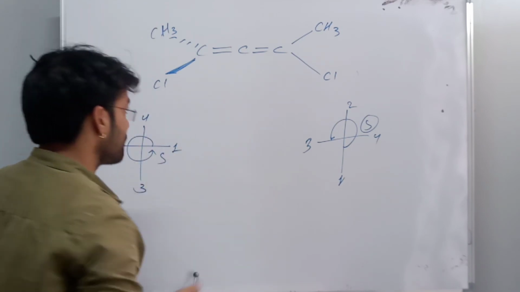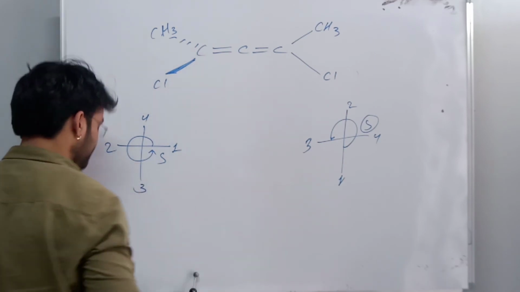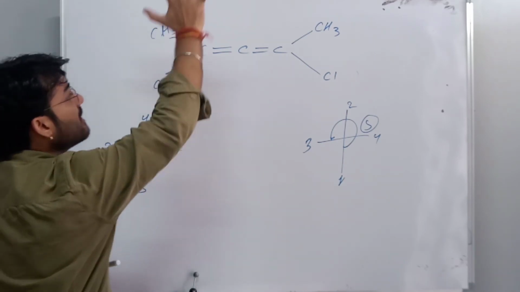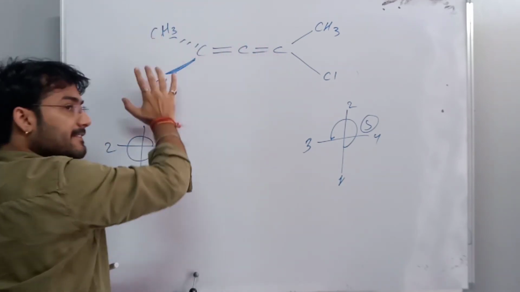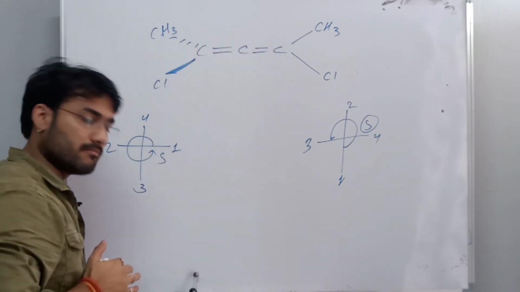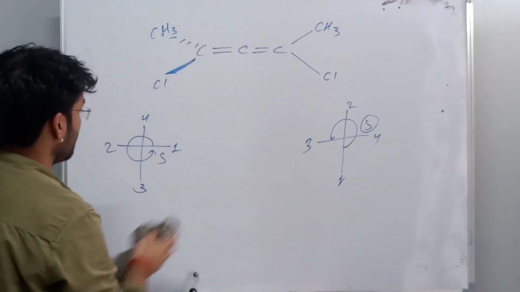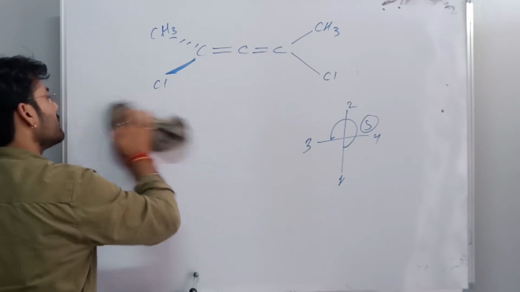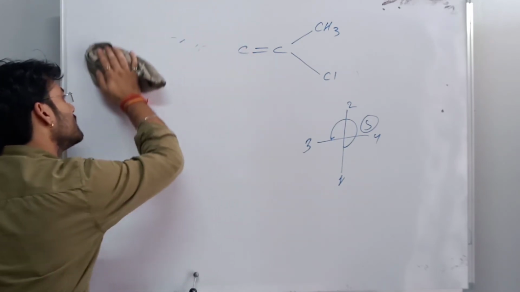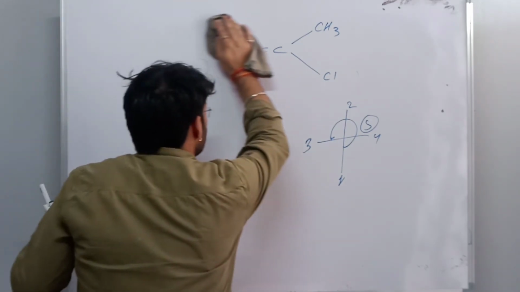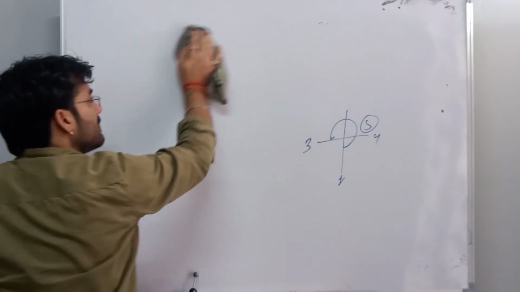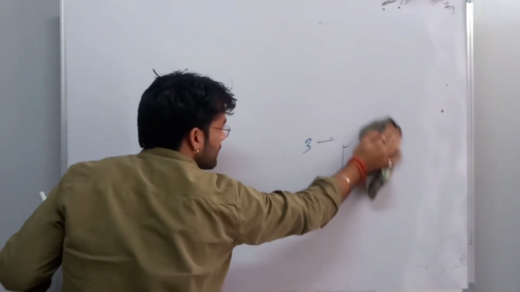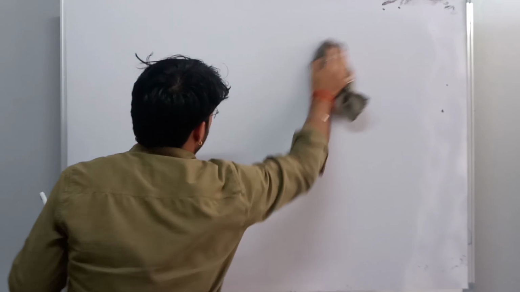odd. This is even, for making this compound chiral if A does not equal B. In the case of A equal to B, it becomes achiral whether the cumulated double bond is present in an even number or odd number. Nothing is going to change.